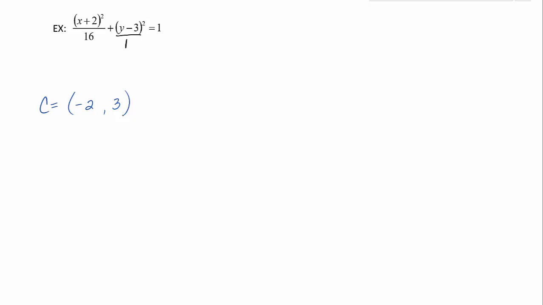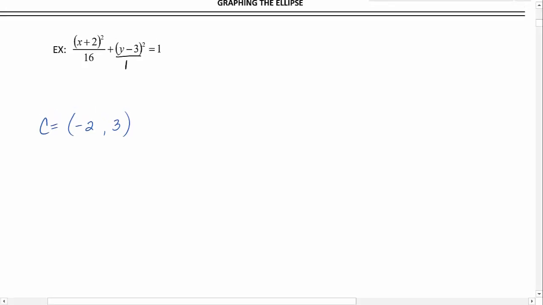Notice that this one is going to be long in the x direction since the big number is under the x, so it's going to be wide horizontally. We're going to go the square root of the number in the denominator in each of our directions. So the square root of 16 is 4. So I'm going to go 4 off the center in the x direction, and then the square root of 1 is 1. So I'm going to go 1 off the center in the y direction. So let's get this center plotted.